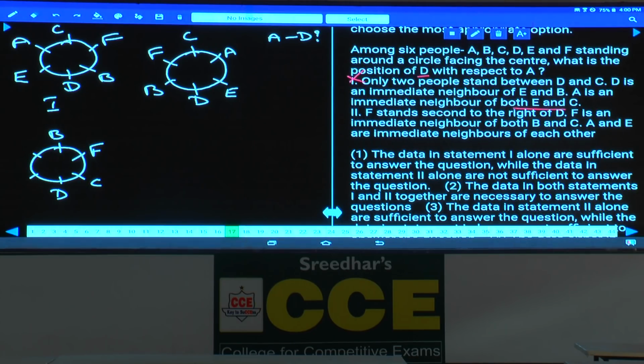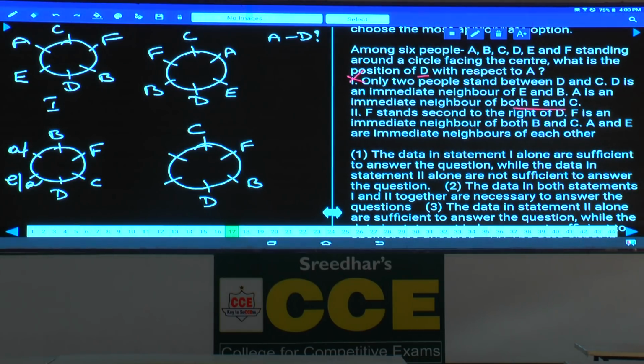Either B can be towards right hand side of F or towards left hand side of F. Now, D is here, F is second to the right of D, and B can be to the left hand side and C will be here. And A and E are immediate neighbors of each other, and that information is not at all required. Anyhow, the remaining 2 persons, if A is here, E will be here, or if A is here, E will be here.